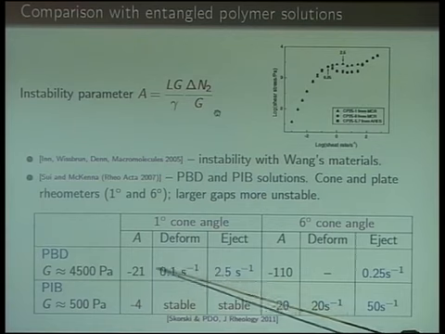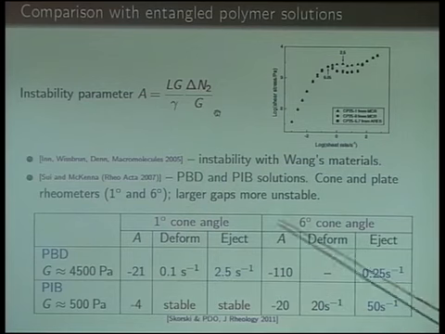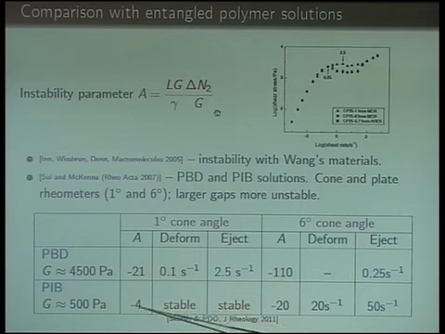And this parameter that one finds, if we do our best to estimate it depending on the geometry that's been used, is in the more stable regime for the case that is stable most of the way across, whereas the other ones can eject fairly rapidly as you get across the stress plateau.